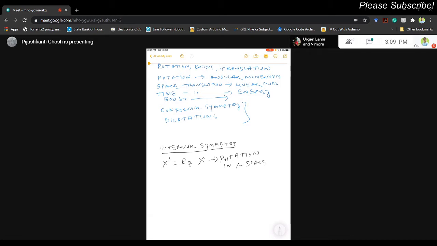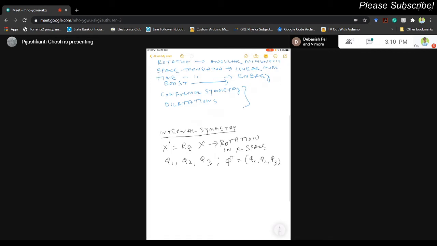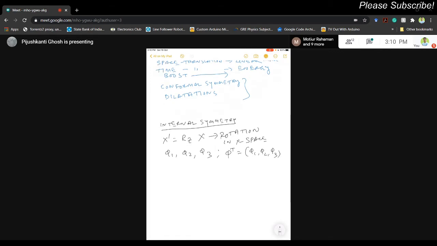Now suppose you have three fields, phi 1, phi 2, phi 3, and I denote phi transpose as (phi 1, phi 2, phi 3). Now can we talk about a transformation like this?